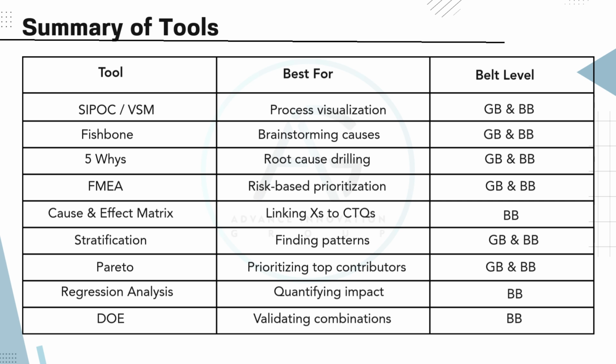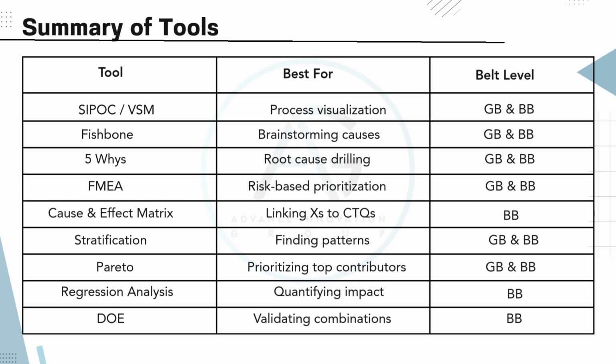For example, how performance varies by time, location, or customer group. Pareto analysis helps in prioritizing top contributors based on the 80-20 principle. It helps you focus on the most impactful factors. Regression analysis is a statistical tool to quantify the impact of one or more variables on an output.